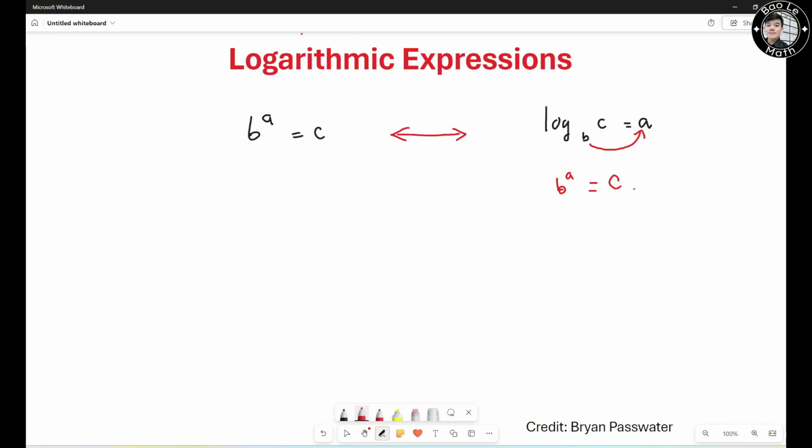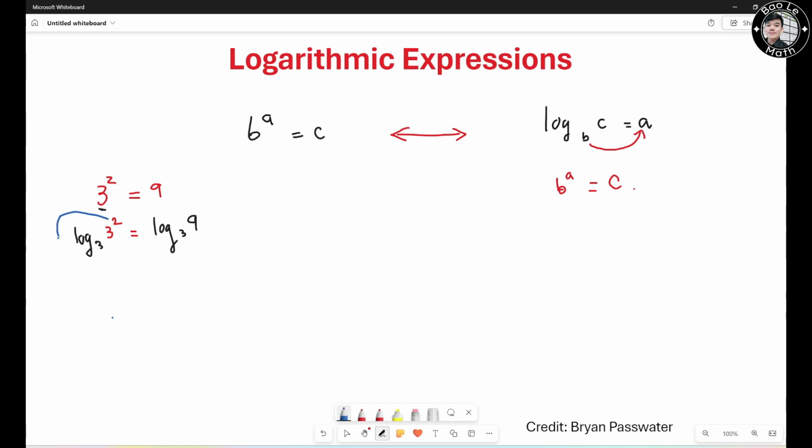Now, let's take a look at example number 1. We need to convert the equations from the exponential form to the logarithmic form. For example, if we have 3 squared equals 9. I look at this one right here, I see the base 3. So I'm going to take log base 3 of both sides. So log base 3 of 3 squared equals log base 3 of 9.